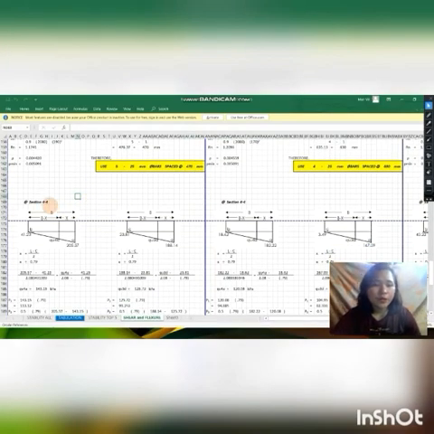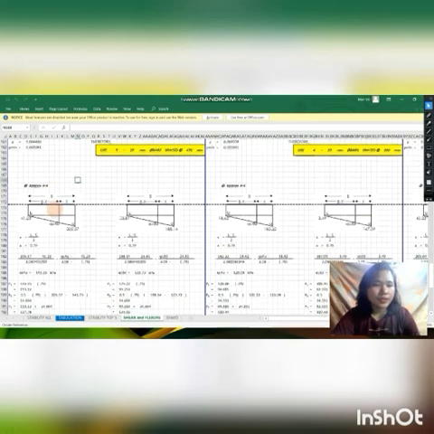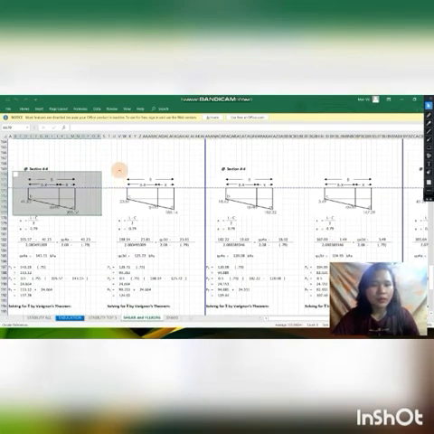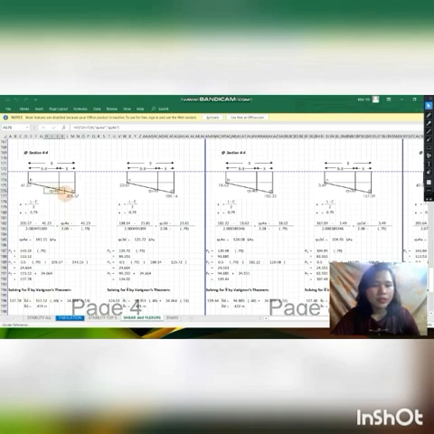Next, for our section 4 parallel to L bars, we have these figures here, this and this part. We will get the answer of QU4A and QU3A first.